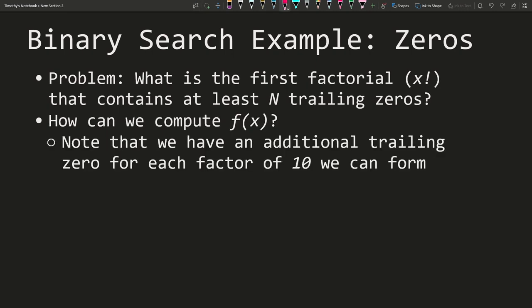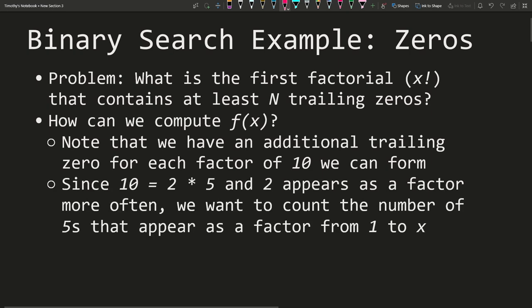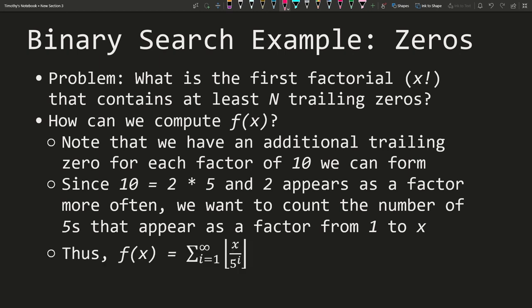Well, we should note that we have an additional trailing zero for each factor of 10 we can form. And since 10 is equal to 2 times 5, and 2 appears as a factor more often, we want to count the number of 5s that appear as a factor from 1 to x. Thus, we can say f of x is equal to the sum from i equals 1 to infinity of the floor of x divided by 5 to the i.